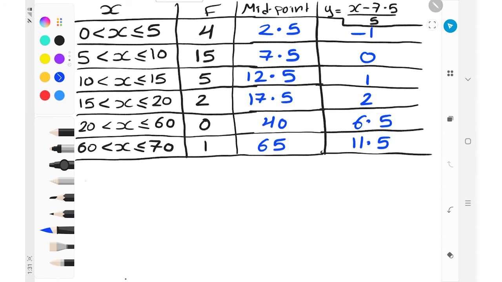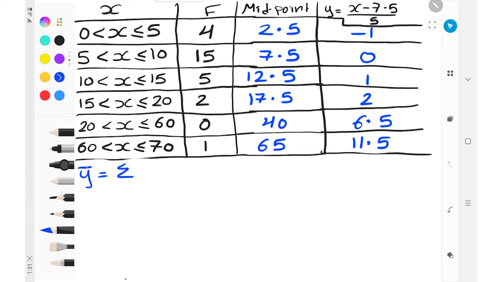Now we will find the mean. So the mean is summation fx. Now if you don't want to be confused, I will write y. I am finding the mean for the y, not for my x.